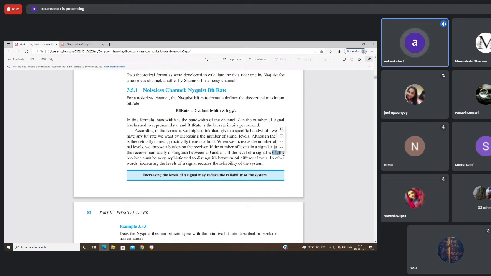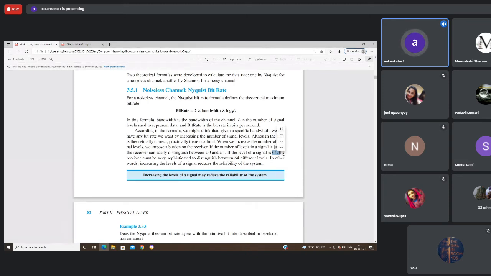It has to be more sophisticated for receiving so many different signal levels. That is near to impossible, or it won't be cost effective. If we increase the bit rate, my hardware will also be more expensive. For having such a sophisticated physical device, I'll be investing more.